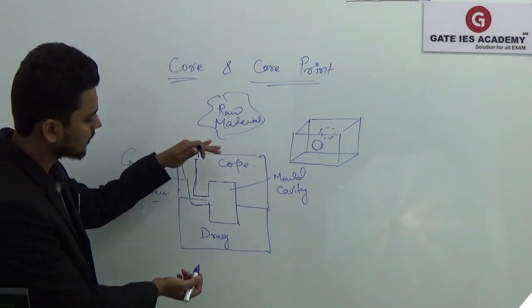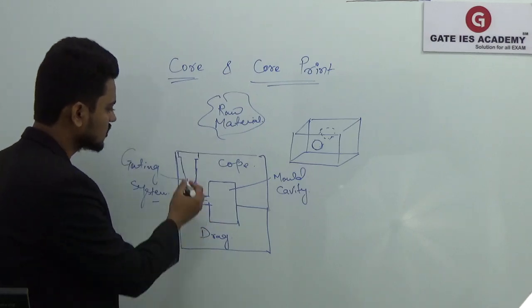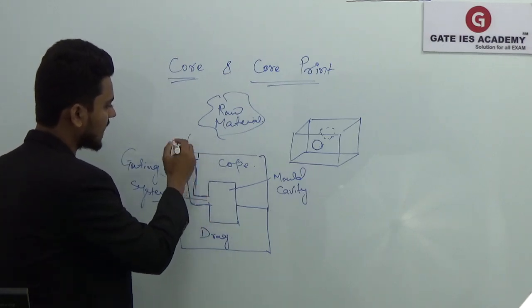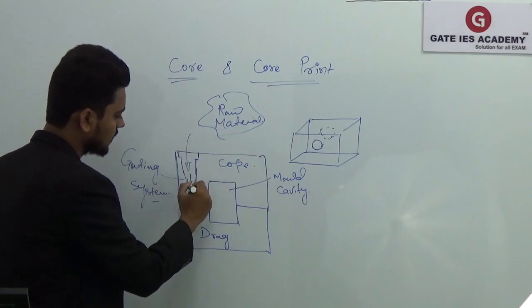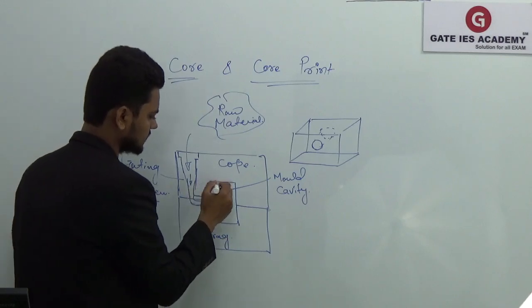The top part is what we call the cope, and the bottom part is known as the drag. This is the passage through which the molten metal is poured into the mold cavity, and it will fill that cavity.